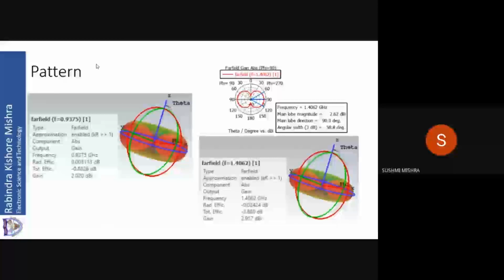Now you can see the 3D pattern, and if I take a cut, this red zone gives you a figure of 8. Otherwise, in the green zone, there is no radiation. So along here, there is no radiation. In the XY plane, you can clearly see the figure of 8, and the complete 3D pattern.